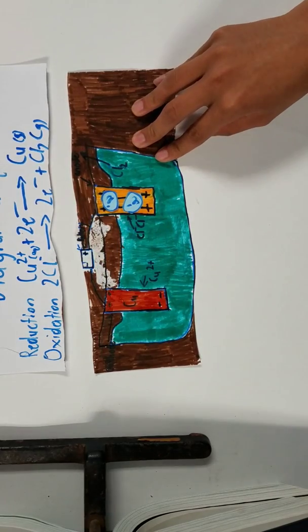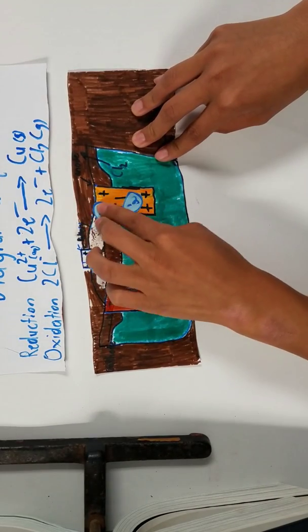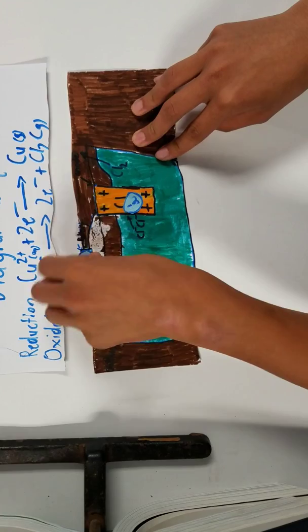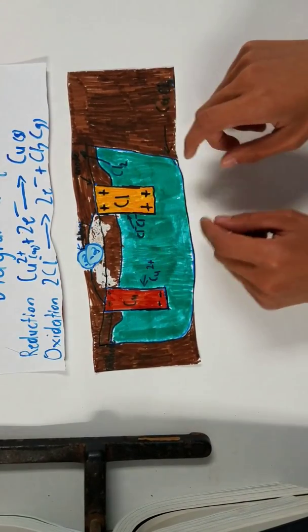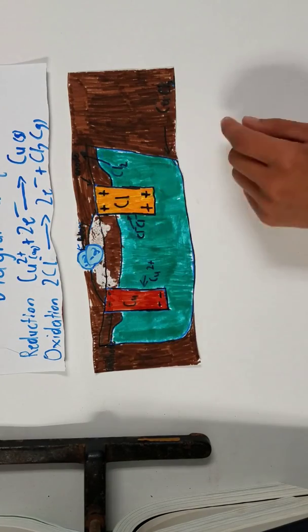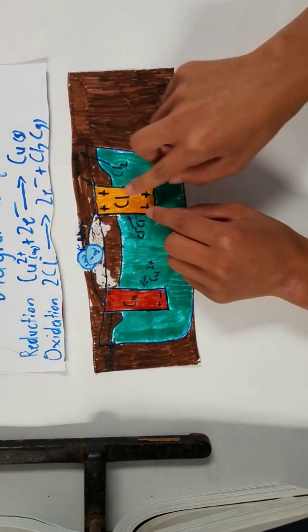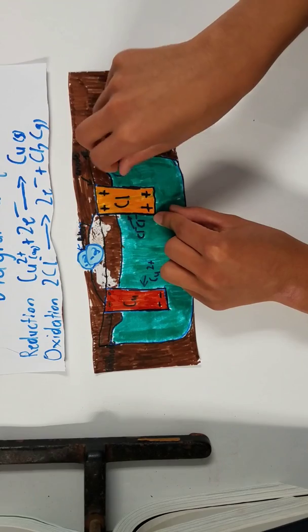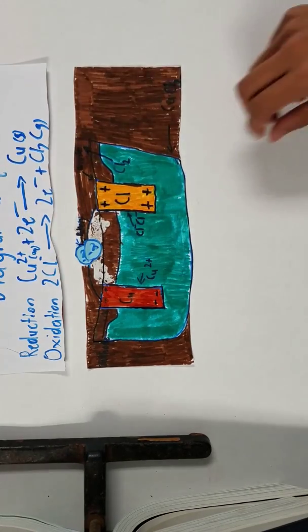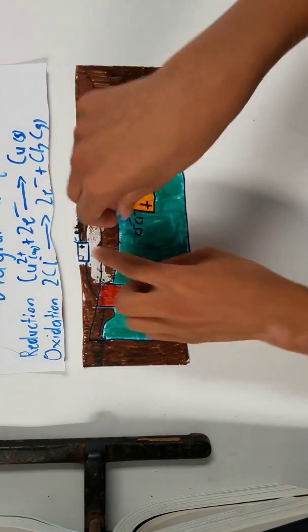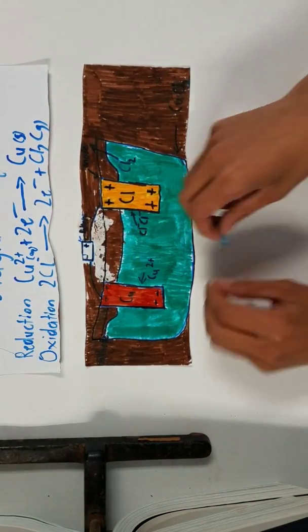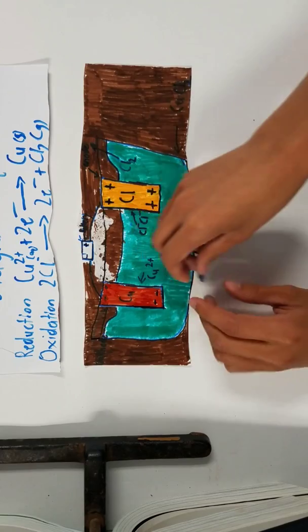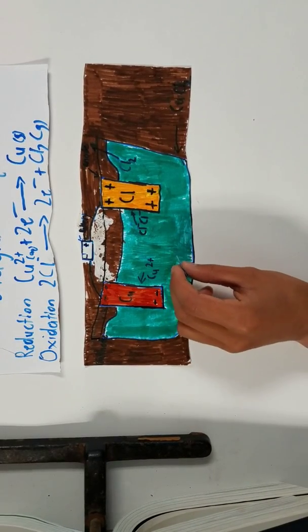The positive side of the battery takes the electrons and pulls them to the battery. These chloride ions become chlorine gas, and this is losing mass because the chlorine gas is going up into the air. On the other side, the battery just pushes these electrons to the copper, therefore the copper becomes more negative.